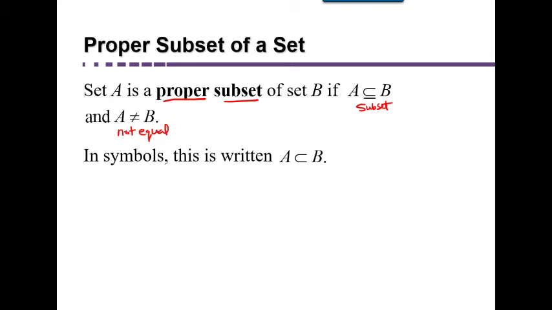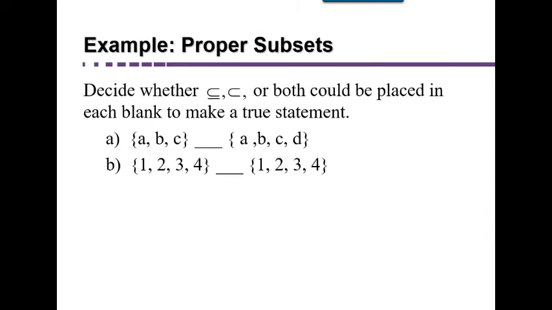So we call that a proper subset, when the subset is contained in but not equal to. So it's a subset of the original set, but it's not equal to the original set. Then we're going to say that it's a proper subset. And the symbol we use, not surprisingly, is the same symbol as subset, but just without that "or equal to" line underneath.